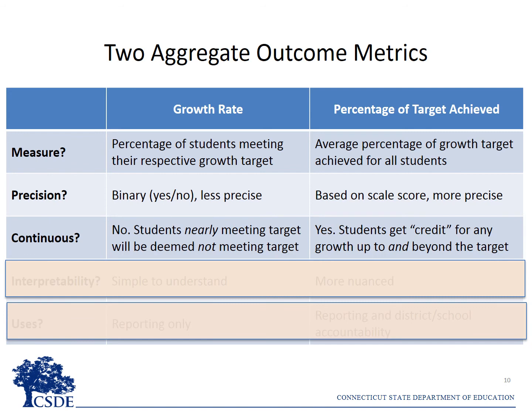The growth rate is not a continuous measure. Students nearly meeting the target will be deemed to not have met the target, even if they missed it by just 1 scale score point. On the other hand, the percentage of target achieved is a continuous measure. Students get credit for any growth up to and even 10% beyond the target.